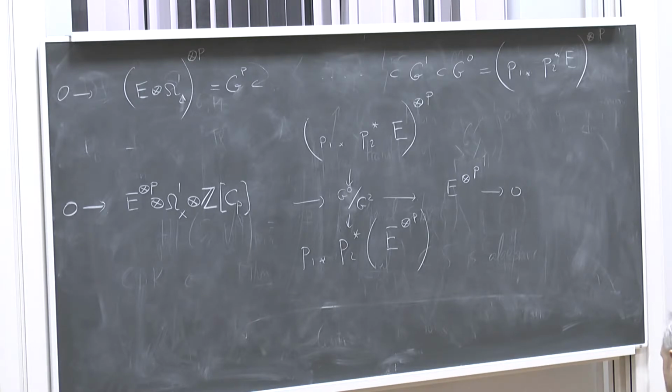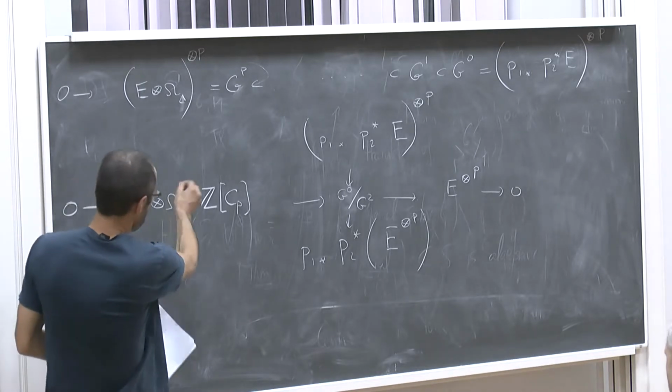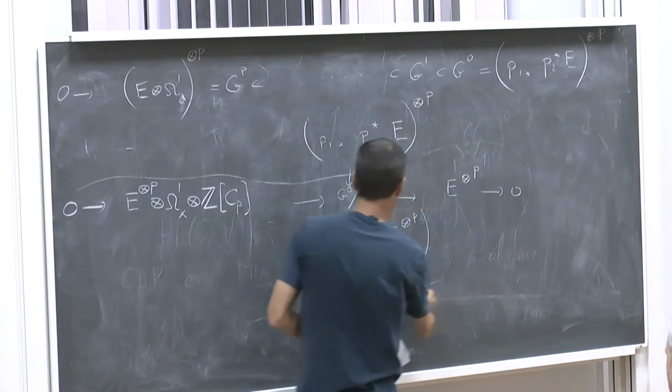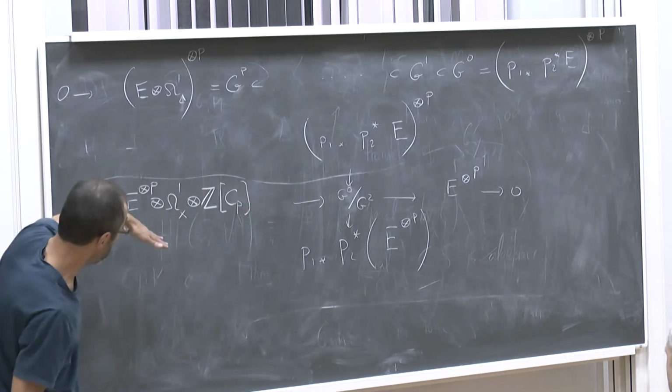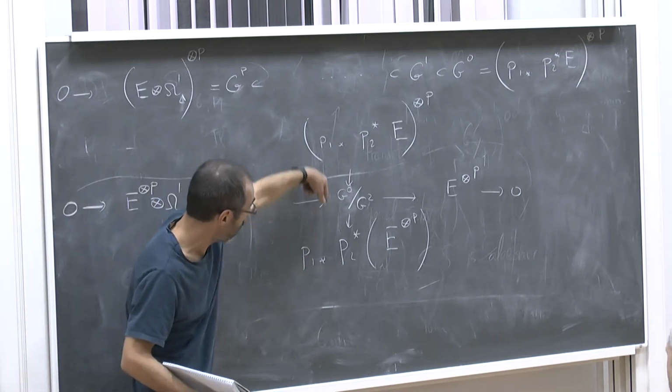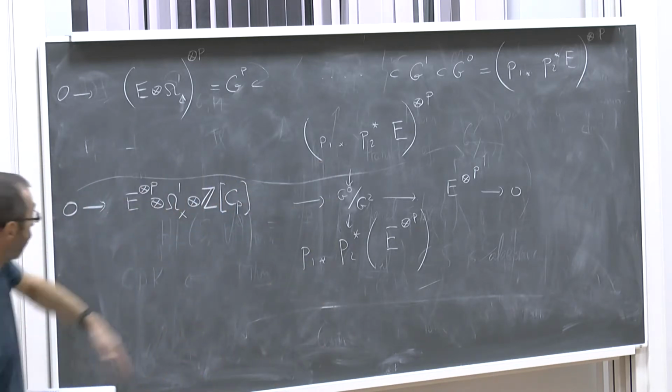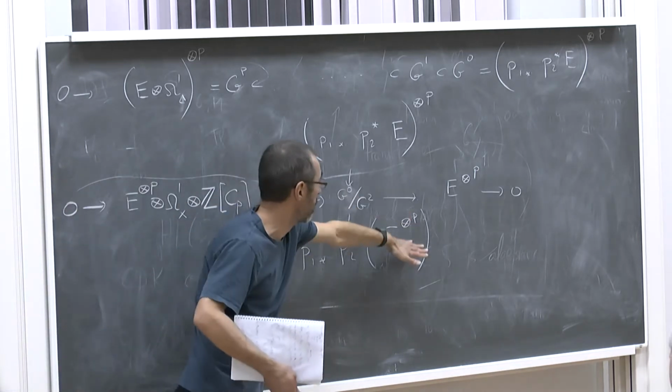And now let's just look at this diagram and observe two things. Let's apply Tate homology, this Tate construction, to all four terms in this diagram.